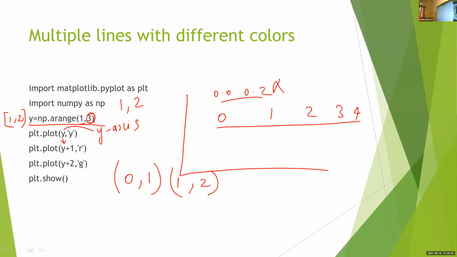For drawing the first line, default x value is taken. Default x value it is 0, 1. Y value it is 1 and 2. So the first combination it is 0, 1. Second combination it is 1, 2. Here the color it is y. y means yellow. We can write y or we can write the complete name of that color, that is yellow.